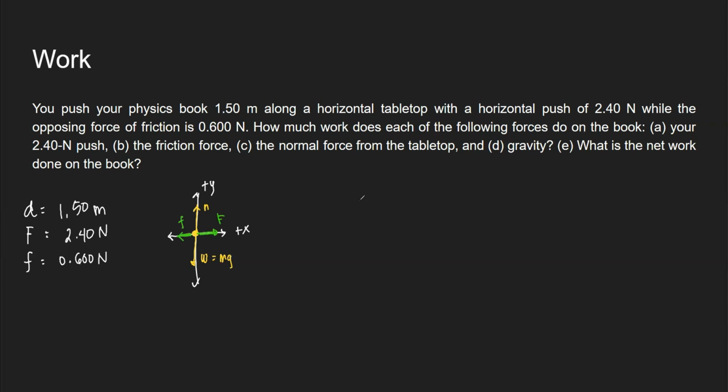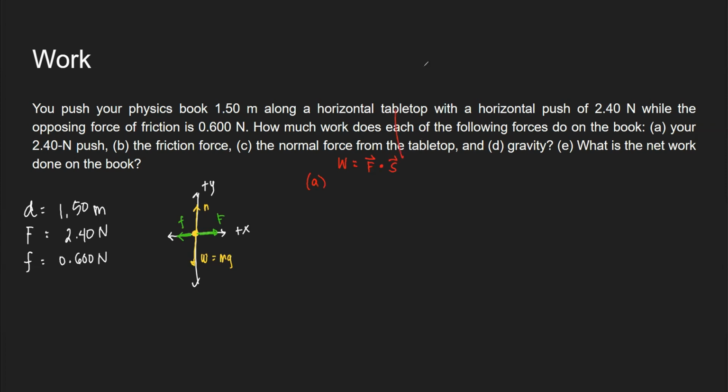How much work does each of the following forces do on the book? First, letter A. Please be mindful that work is equal to our vector F dot product, excuse me, vector S, the displacement.